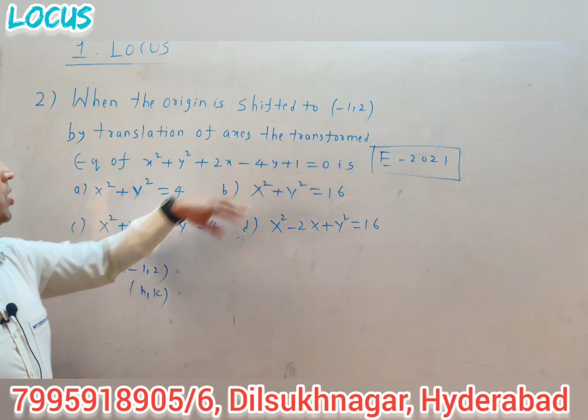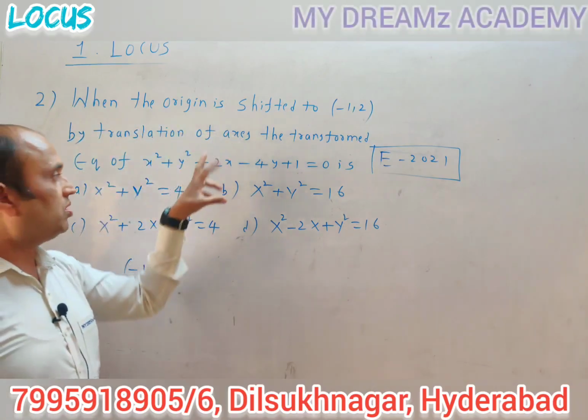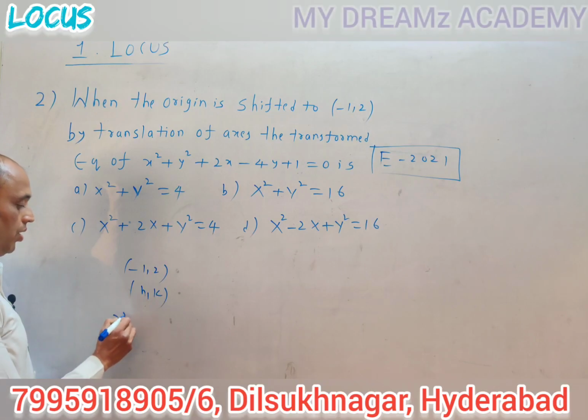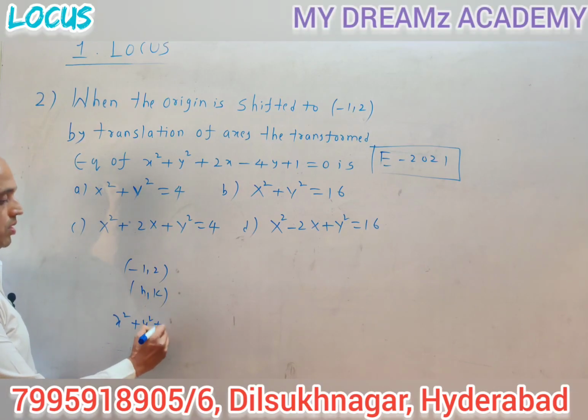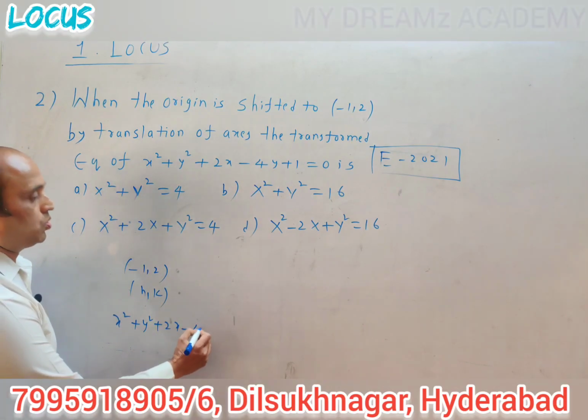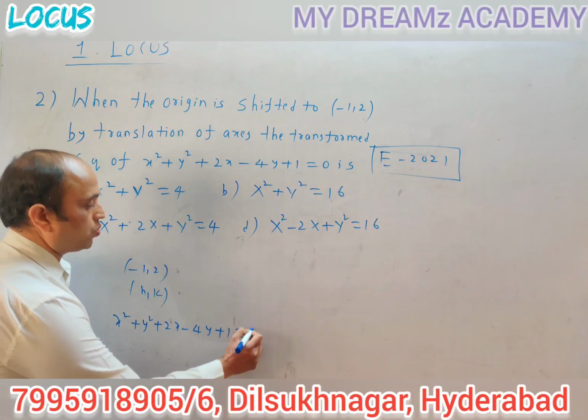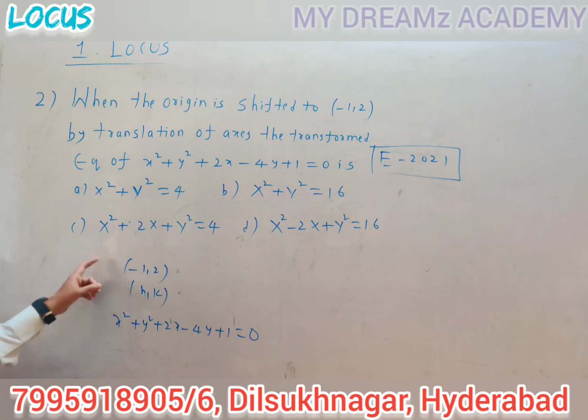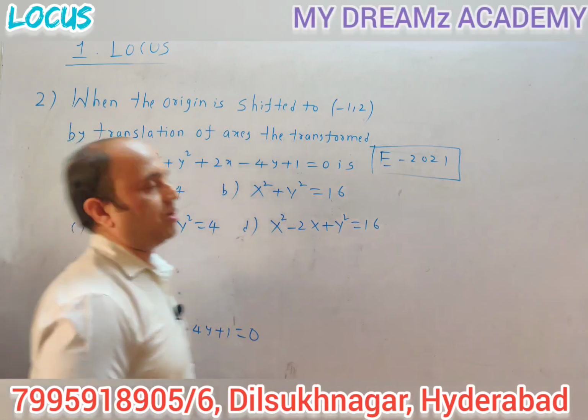The given equation is the original equation, x square plus y square plus 2x minus 4y plus 1 equal to 0. Now find the transformed equation.